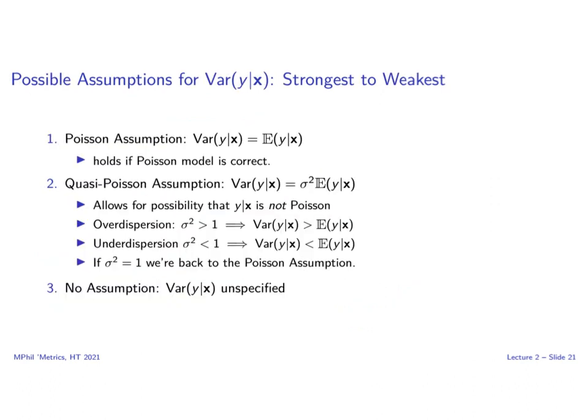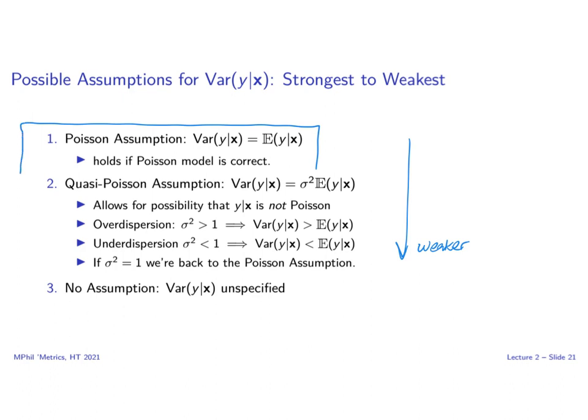We will consider three possible assumptions for the variance of y given x, and I've ordered them here from the strongest assumption to the weakest assumption. The first and strongest assumption is called the Poisson variance assumption.